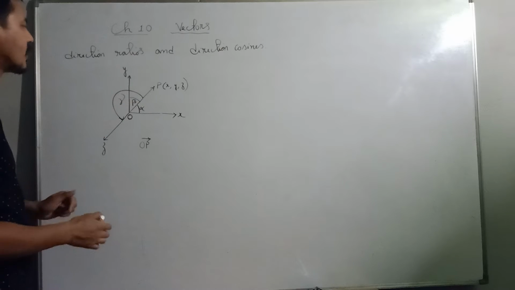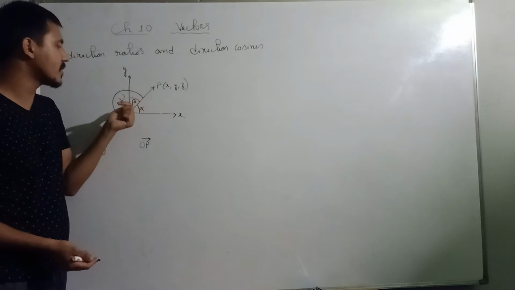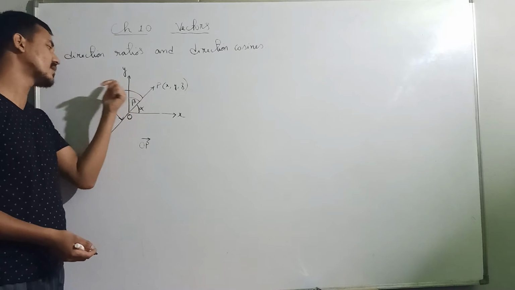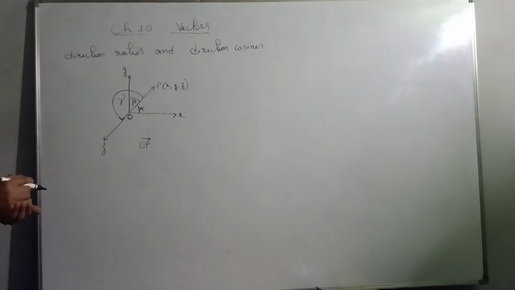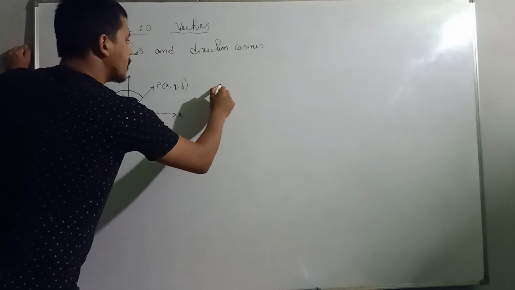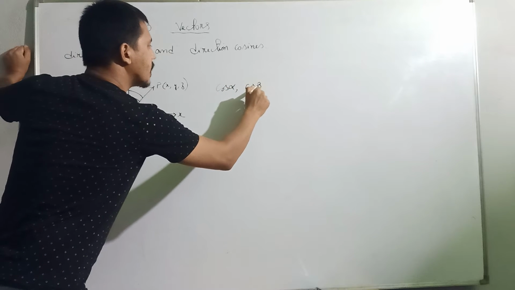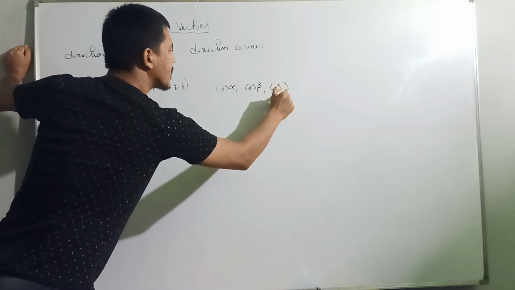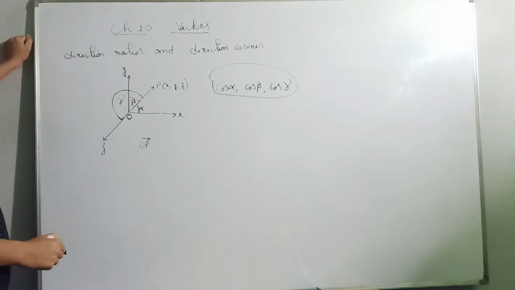And what are these alpha, beta and gamma? The angles made by the position vector of P with the x-axis, y-axis and z-axis respectively. So cos alpha, cos beta and cos gamma are known as your direction cosines.